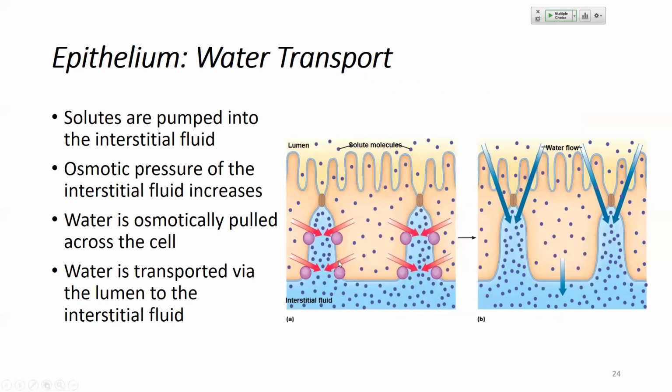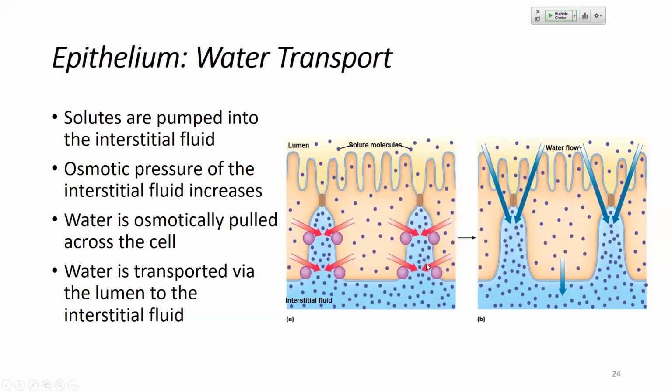So this cell will pump solutes, sodium and chloride, out into this interstitial fluid here. And that generates a gradient. Because we have more solutes here than we do in the lumen, water wants to flow from the lumen down into the interstitial fluid. So we very smartly created a gradient by pumping sodium and chloride out into the interstitial fluid.